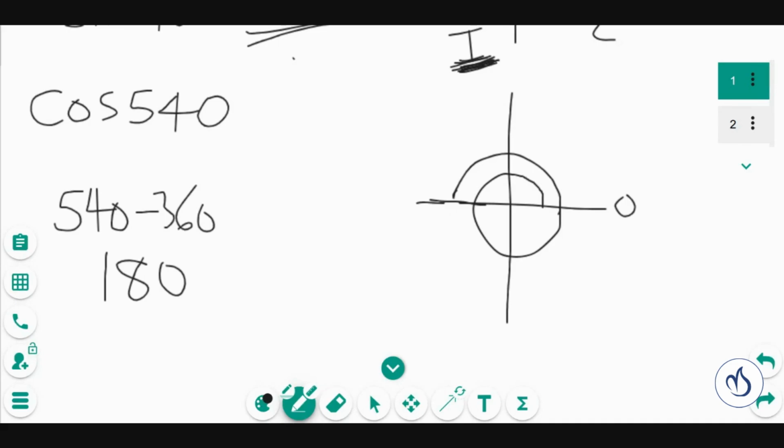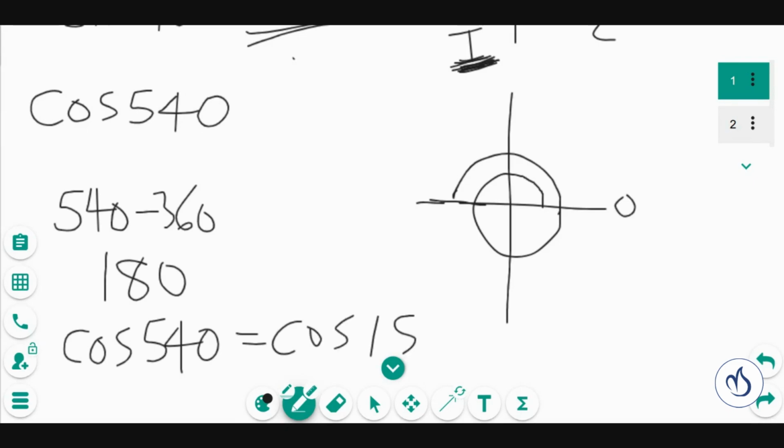So I can rightly say that the cos of 540 is the same as the cos of 180. You can prove that on your calculator. Of which the cos of 180 is negative 1.